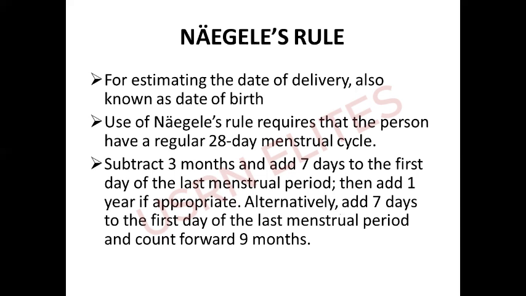A woman comes to the maternity unit and tells the nurse that the first day of her last menstrual period was 13th July 2024. The menses started on 13th July and ended on the 18th.